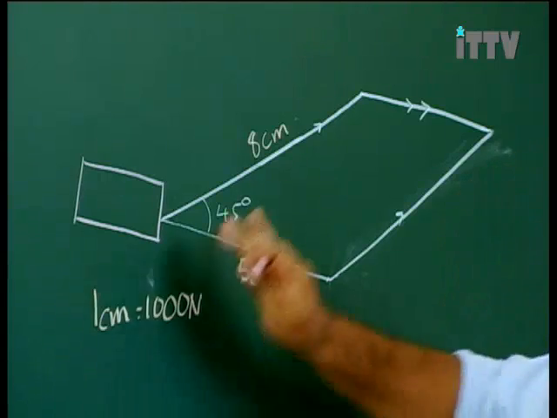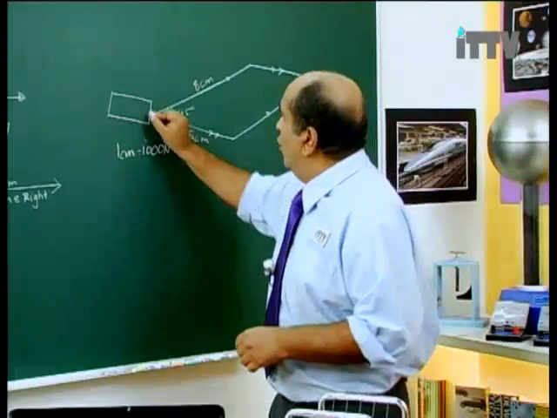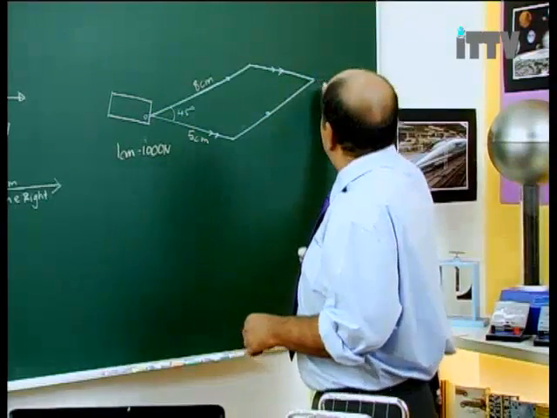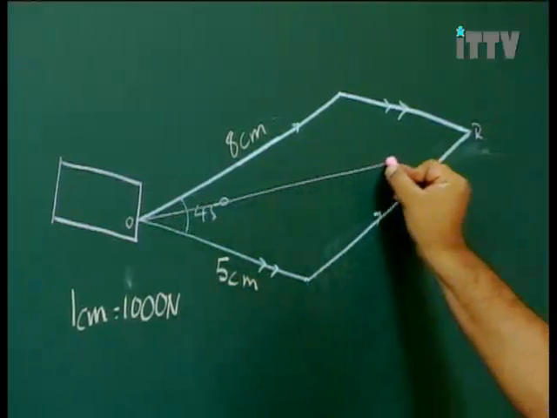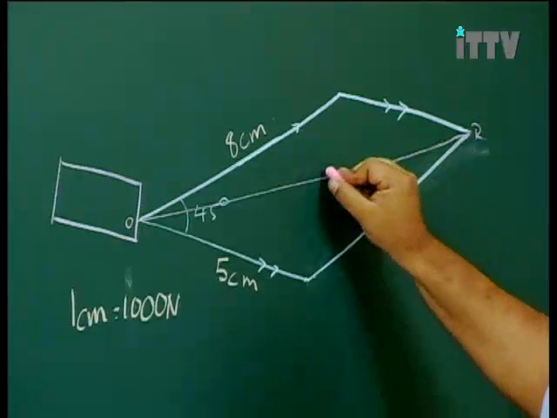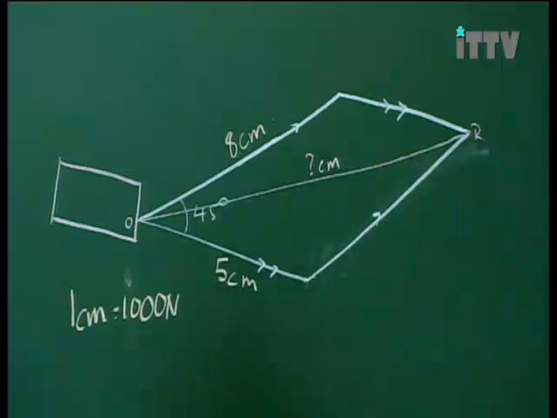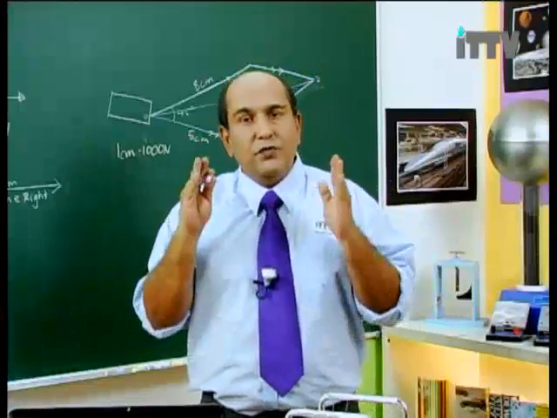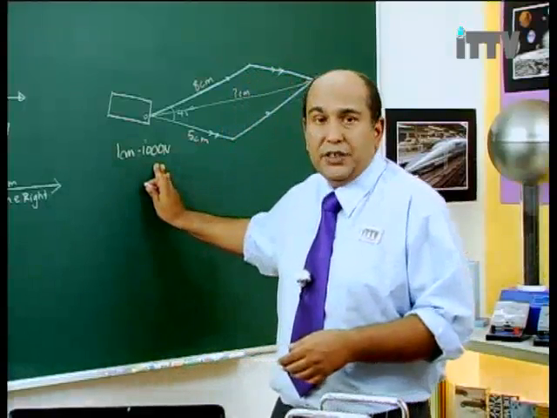Now that the parallelogram has been completed, we connect point O, which is over here, to point R over here, like so. We need to measure this because we don't know how many centimeters this line is. Once you've measured that, you multiply by 1,000.